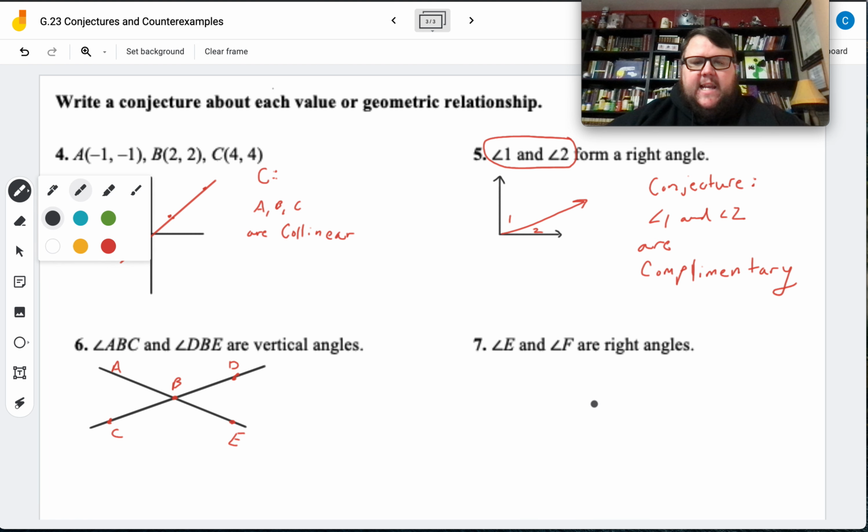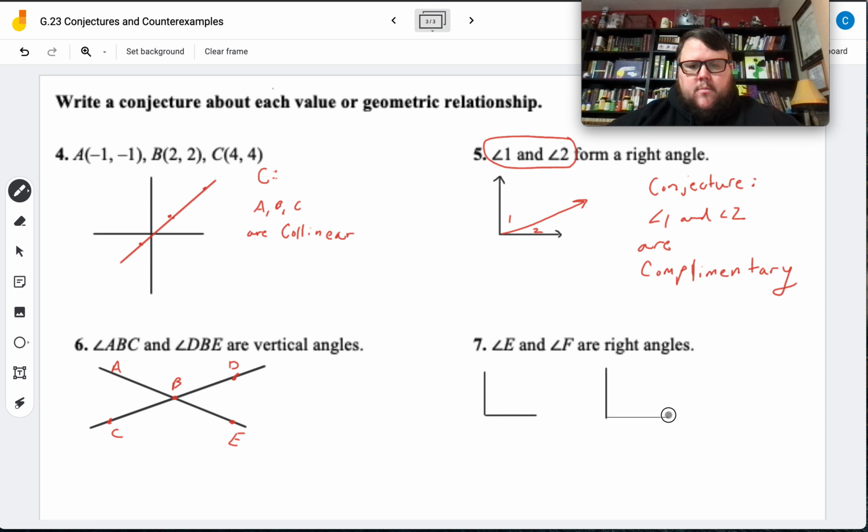So angle E and angle F are right angles. So this is angle E. It's a right angle.